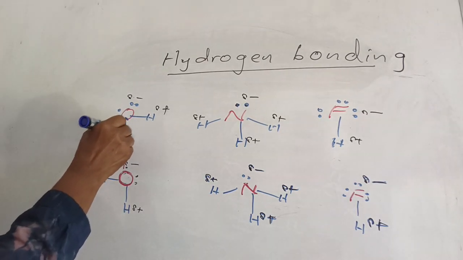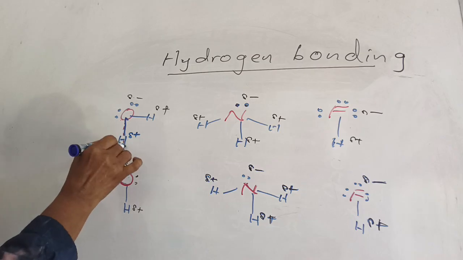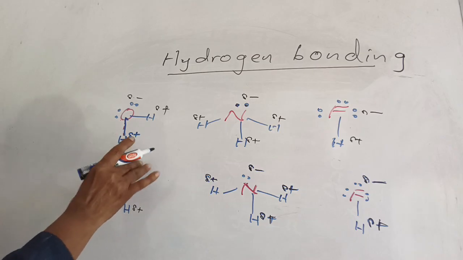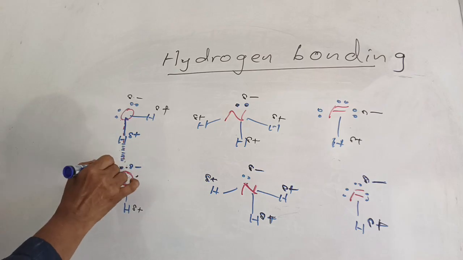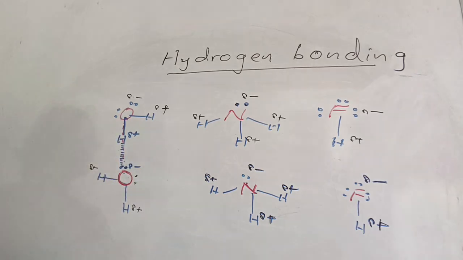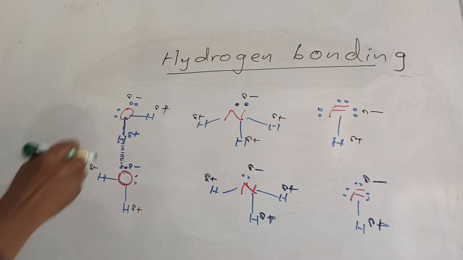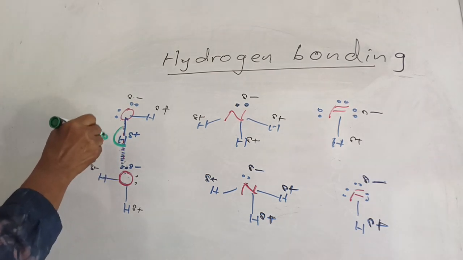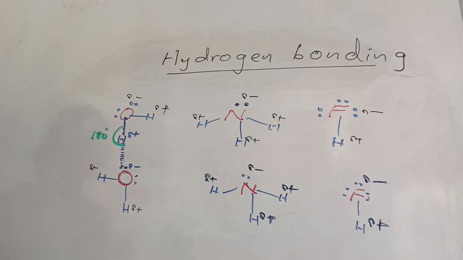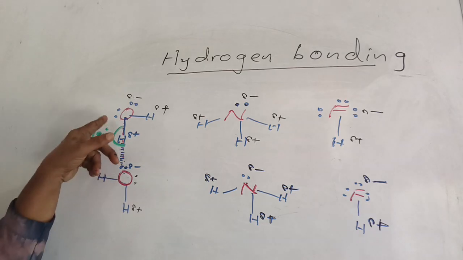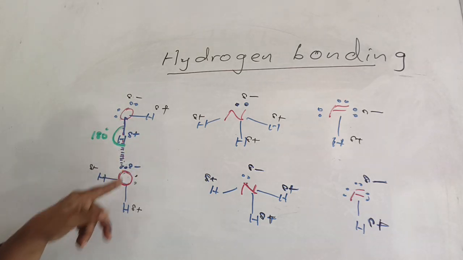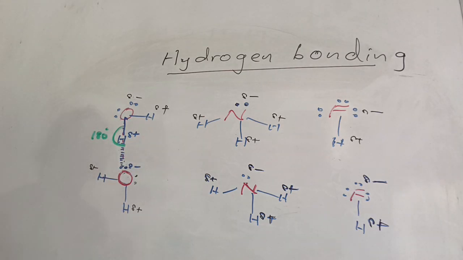So it should be a very accurately drawn diagram where you show the partial charges, the lone pairs of electrons, as well as a dotted line to show the hydrogen bonding.